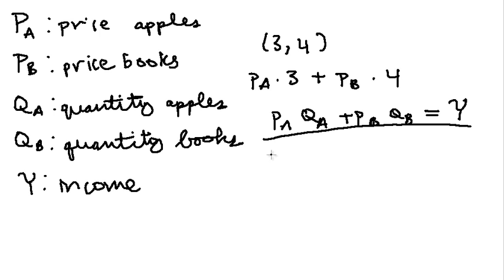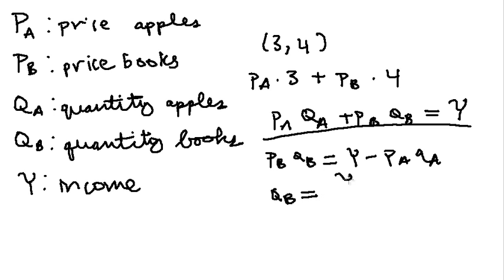So the first step we take is to subtract PA QA from both sides, leaving us with this. Second, I divide both sides by PB. So I get QB equals Y over PB minus PA over PB times QA. And I'm done. I've gotten to point-slope form.